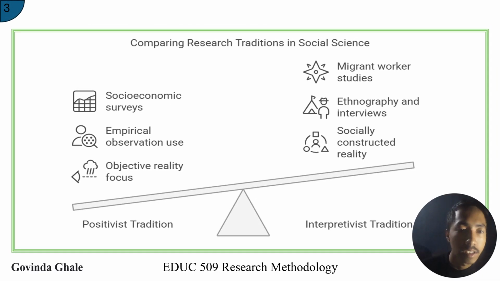Next slide is comparing research traditions in social science. Here we mainly discuss the positivist tradition and the interpretivist tradition. In the positivist tradition, there is socio-economic survey, empirical observation, and observable reality focus.